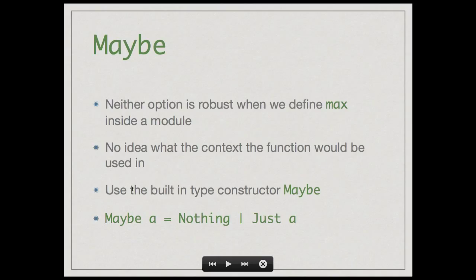In these cases, one can use the built-in type constructor Maybe. Maybe is defined as follows: Maybe a equals Nothing or Just a. So no matter what type a is, for instance if a is Int, you can build the type Maybe Int, which is given by Nothing or Just Int.